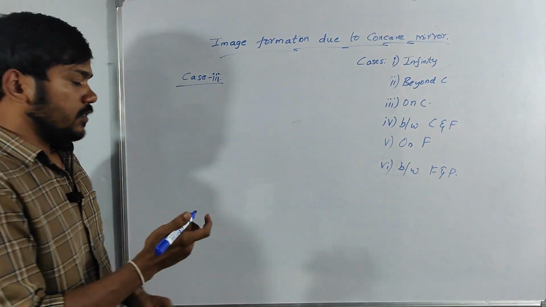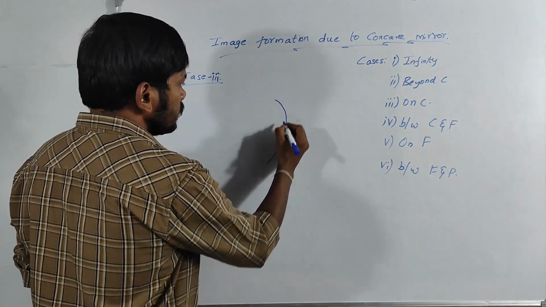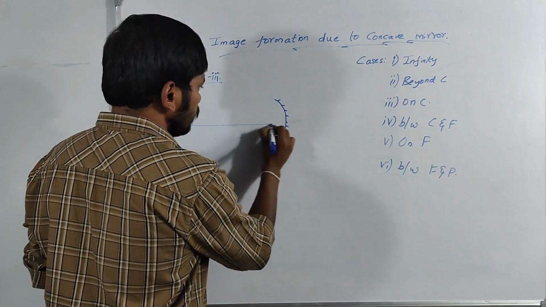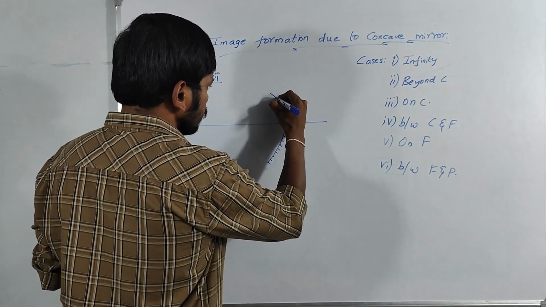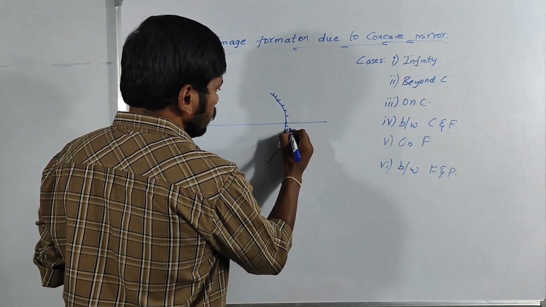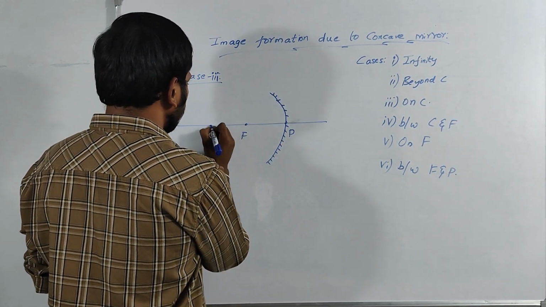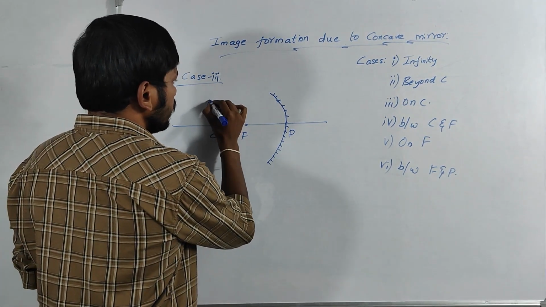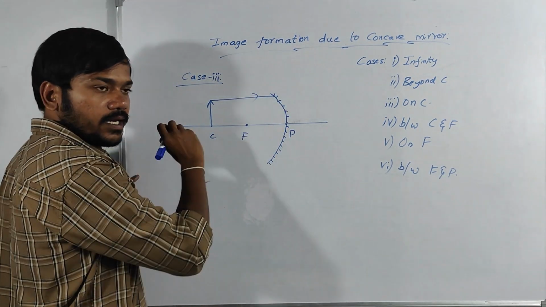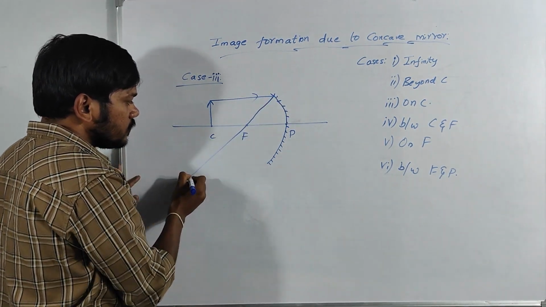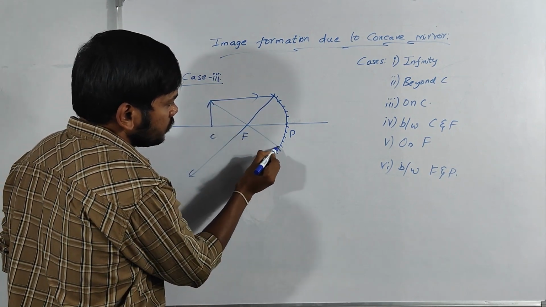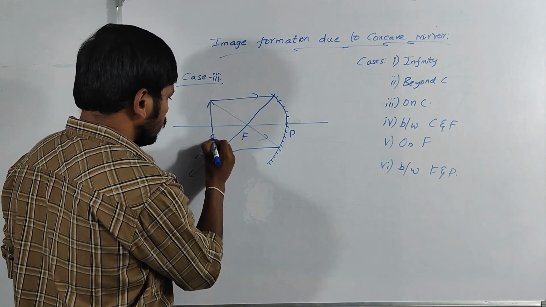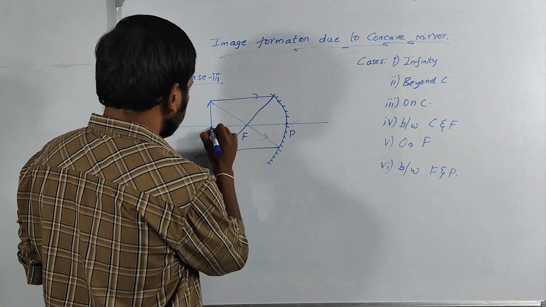Now the object is kept on C. Pole, focus, center of curvature, kept on C. Now simple ray rule: parallel to principal axis, reflects and passes through focus. Incident ray through focus reflects and passes parallel to principal axis, and now the image is formed on C.